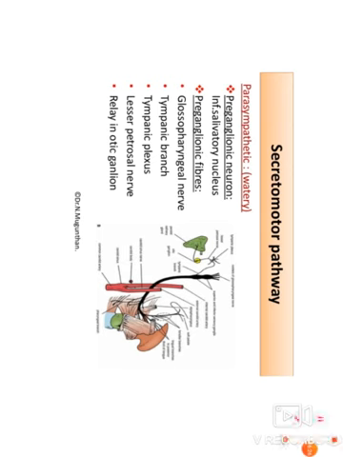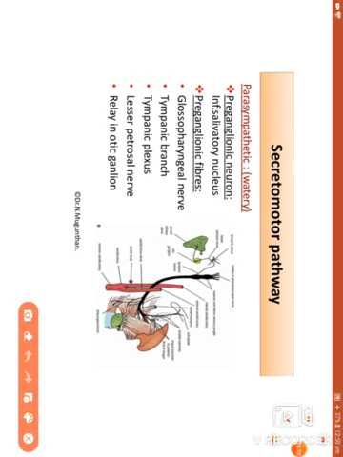Then here in this figure you can see the secretomotor pathway. You can see this is the part of the tongue. This is the anterior aspect, this is the posterior. Here this is the parotid gland. This is superior, inferior.